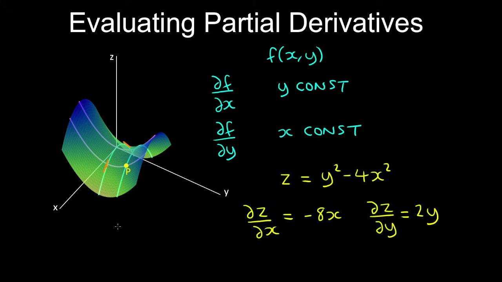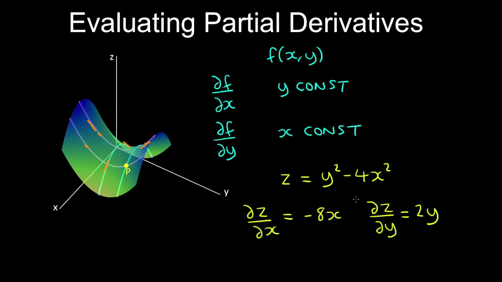And similarly, moving along the y direction, for example along one of these parabolas, we see that when y is negative, the slope of the tangent to the curve is negative, and when y is positive, the slope of the tangent to the curve is positive.